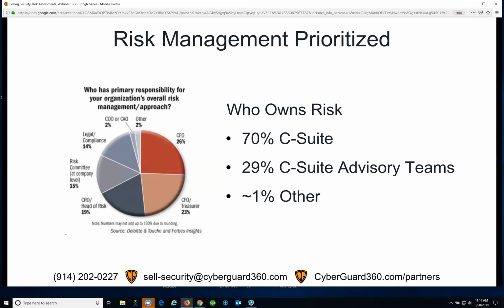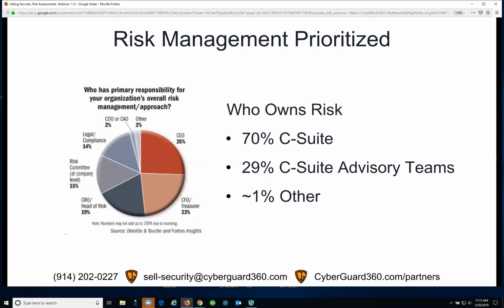And in fact, they do. I could argue all day long that it's their responsibility because they are responsible for the corporate culture of the company. And they are also responsible for everything that happens underneath them, even to those whom they delegate. And so they are ultimately responsible for risk management. The good news is that they know it. 70% of them see that and say, yes, I own this.